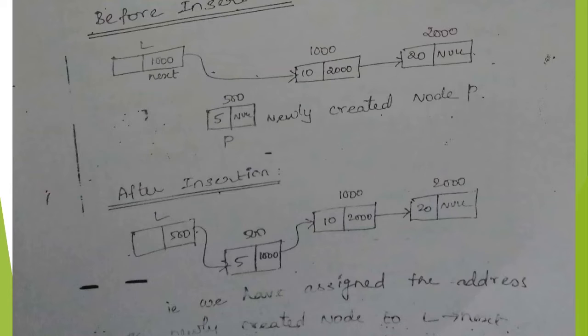This should be inserted at the beginning of the list. So after insertion, in the diagram we can see that header L has the address 500, which is the address of the new node P, and the new node contains the address 1000, which is the address of the earlier first node with value 10.